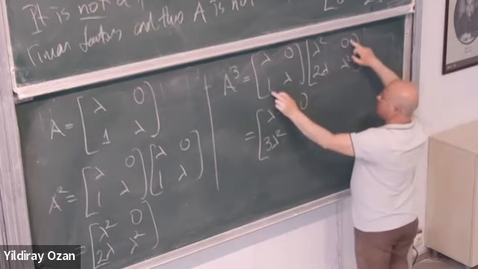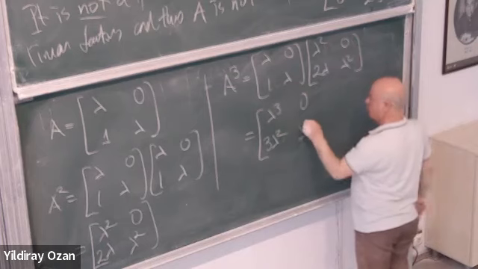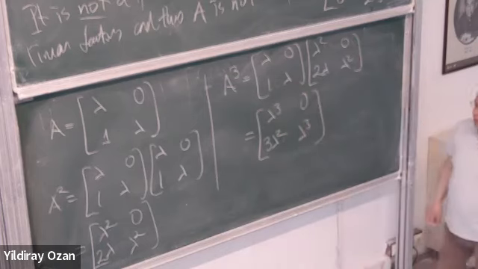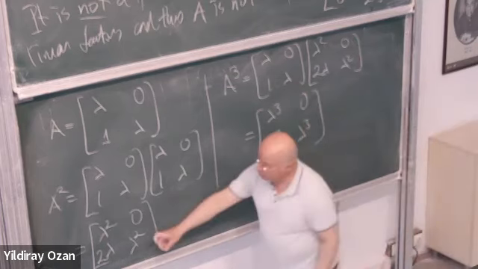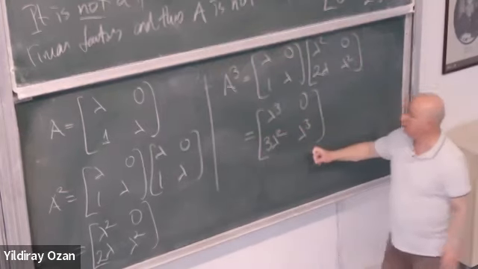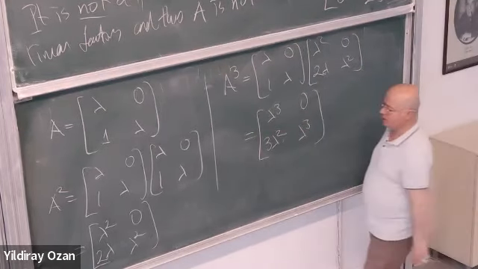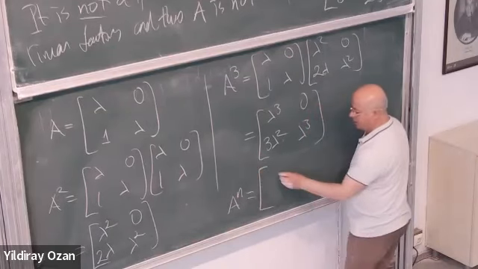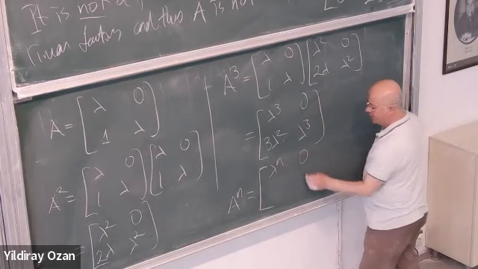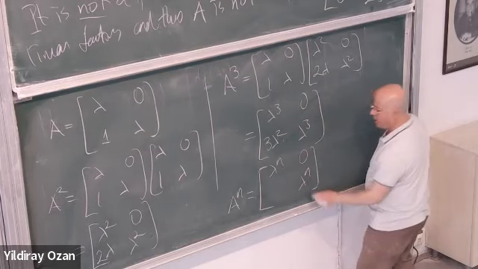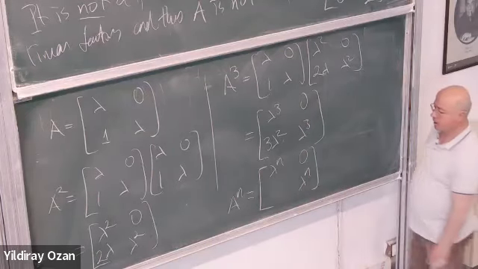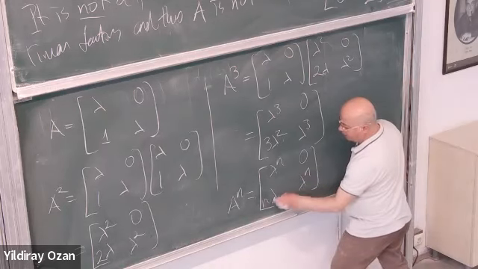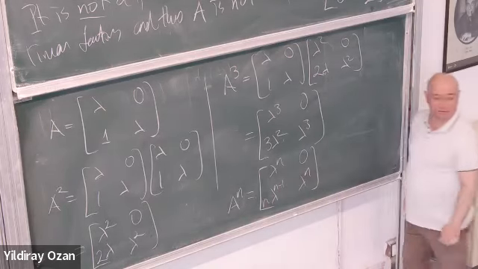And then 0 and lambda cubed. So you get this one. A squared is this, A cubed is this, and similarly A to the power n will be: lambda to the power n, 0, lambda to the power n, and here we will have n times lambda to the power n minus 1.